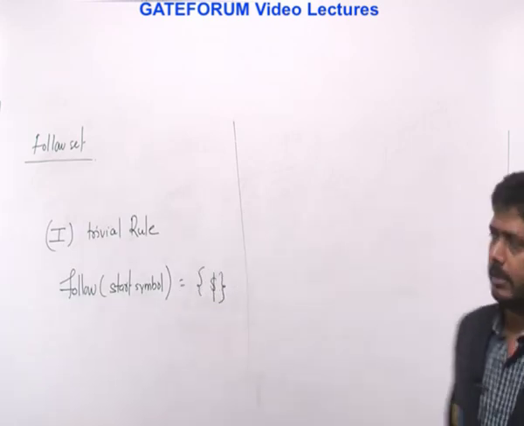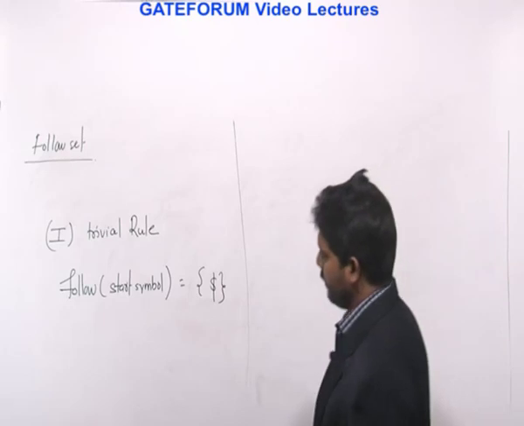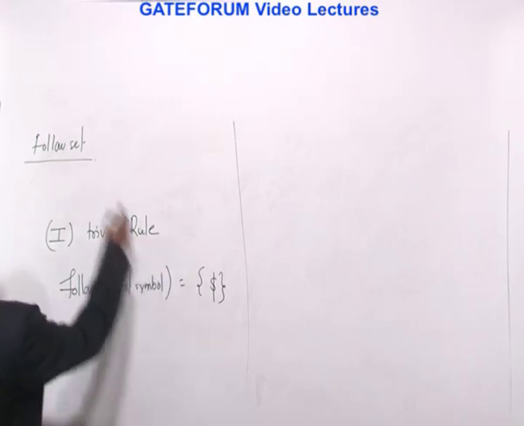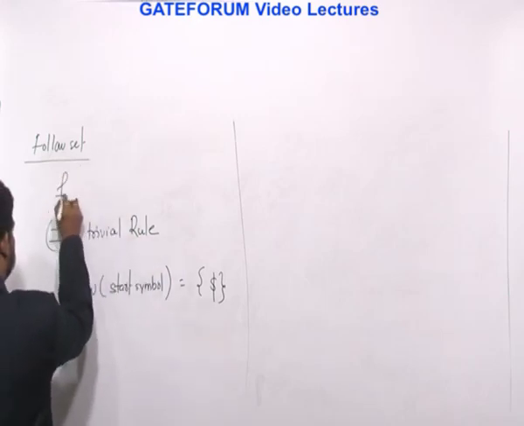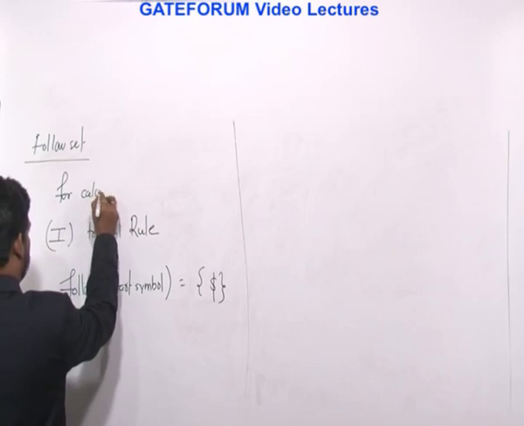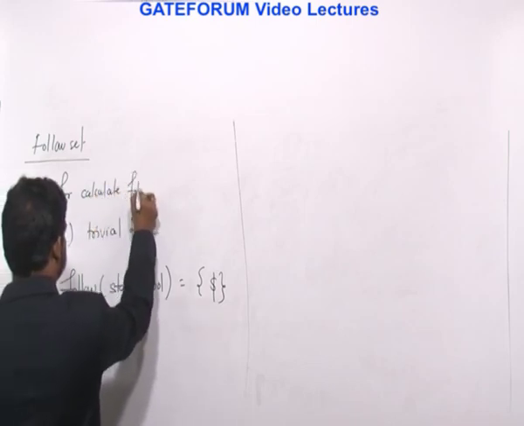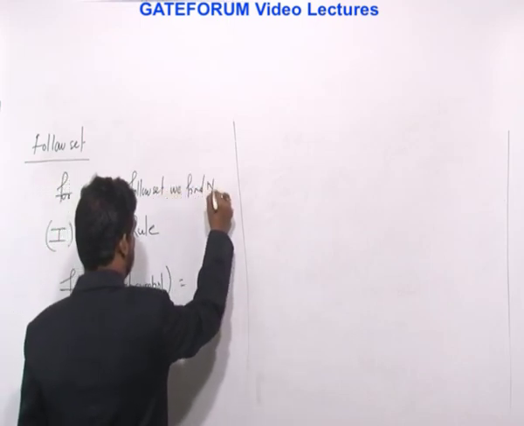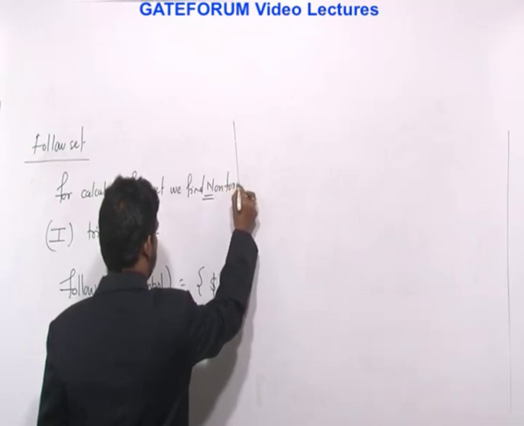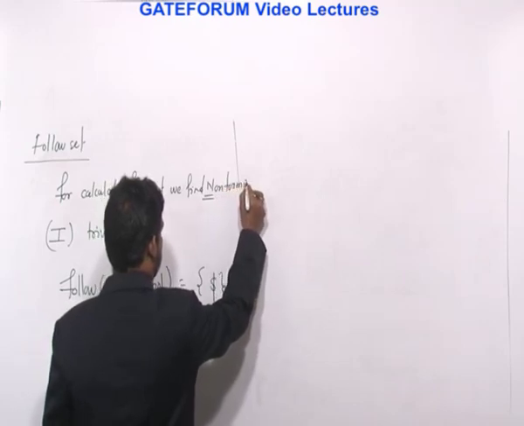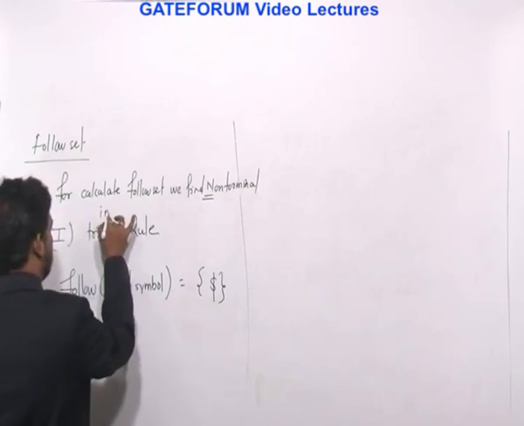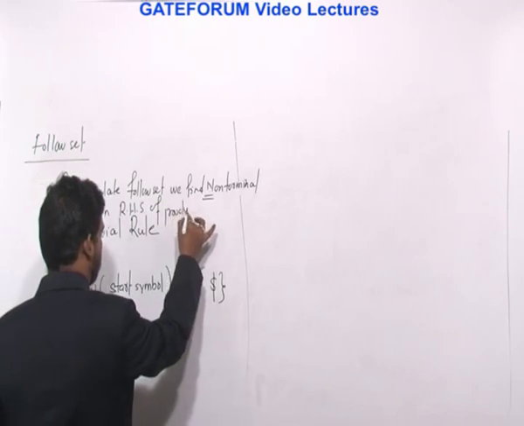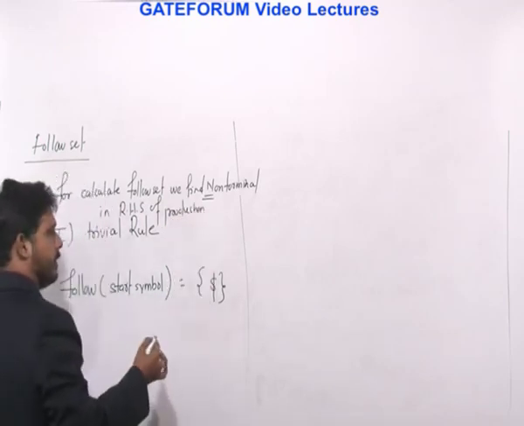Now second thing you understand, for the first calculation we have to look at the right hand side of the production, where the non-terminals are there. To calculate the follow set, we find non-terminals in the right hand side of the production.